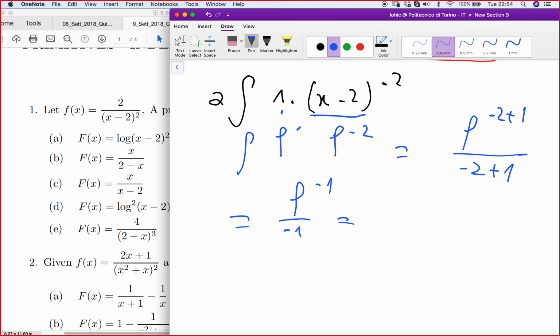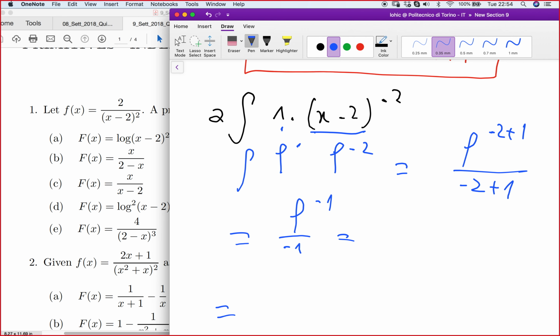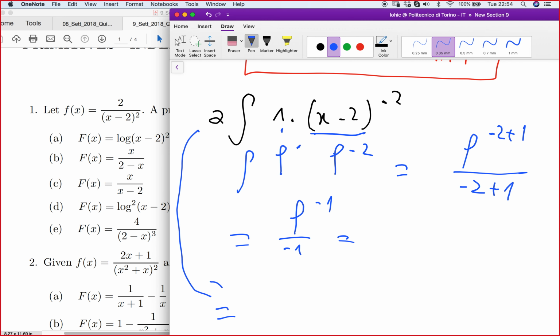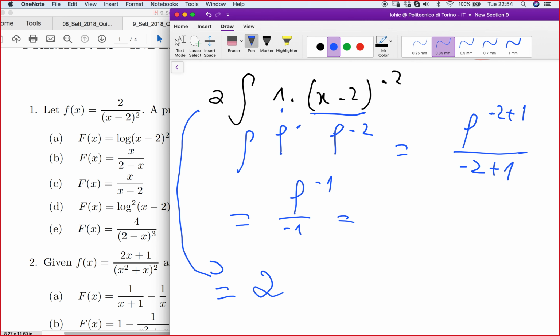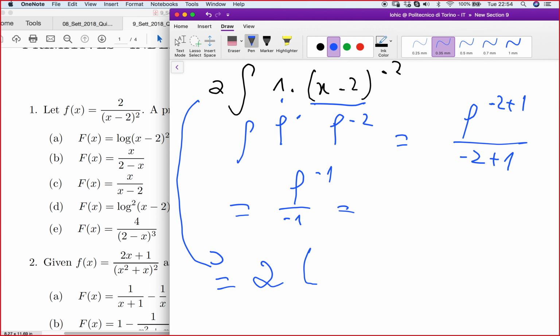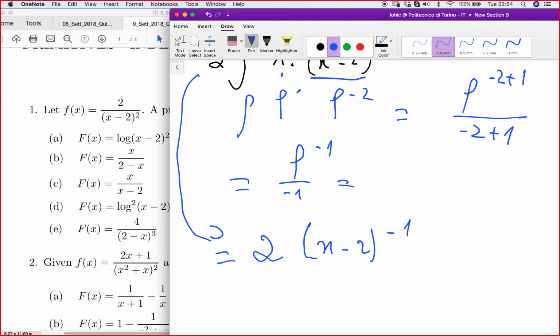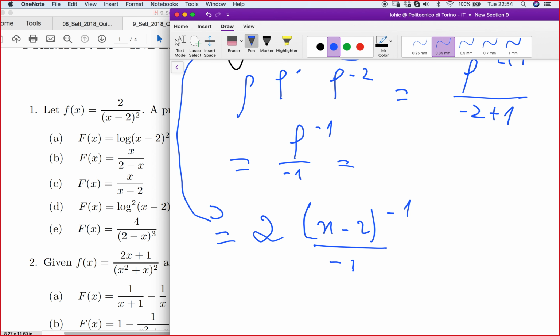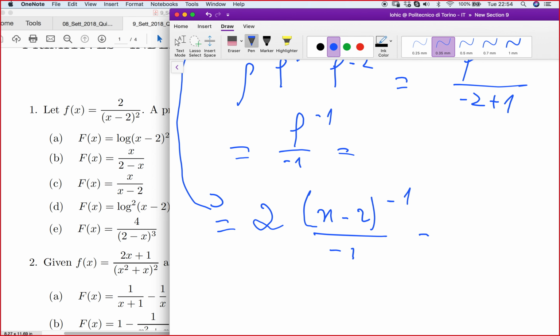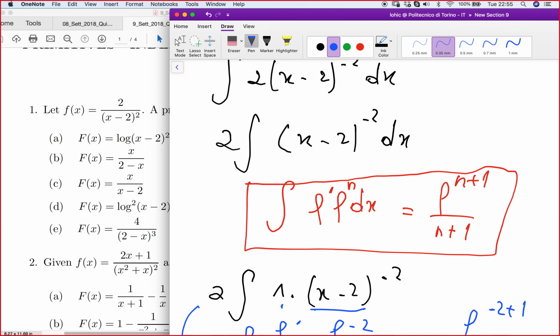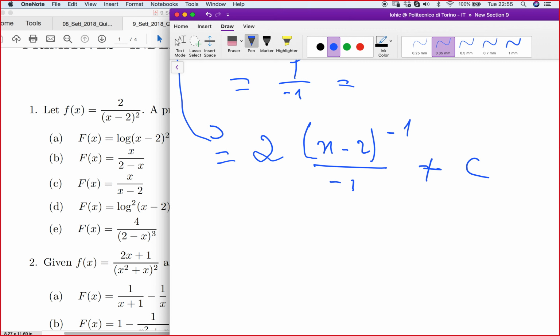In our case, what is f? This integral gives 2 multiplied by (x minus 2) to the power minus 1, all divided by minus 1. All this plus a constant, because remember that when we are solving for the primitive, you have a single function plus any constant, right?